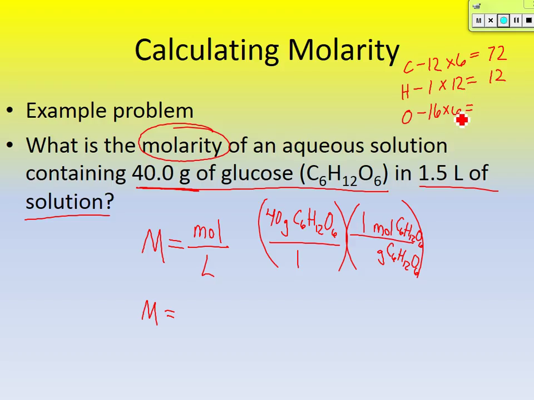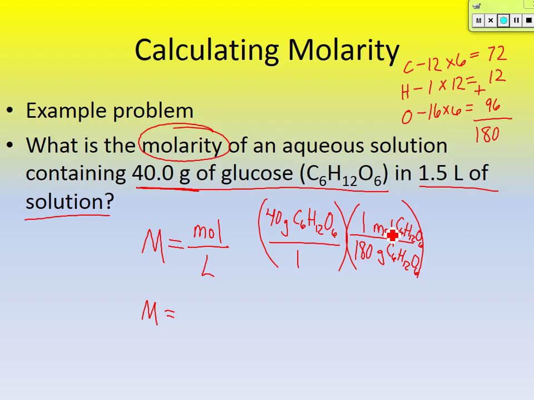And 16 times 6, what is that? 96. Right. Okay, now what do I do with all these numbers, guys? You add them together. And when you do that, what do you get? Yeah, exactly 180. So that tells me that there's 180 grams in 1 mole for glucose.